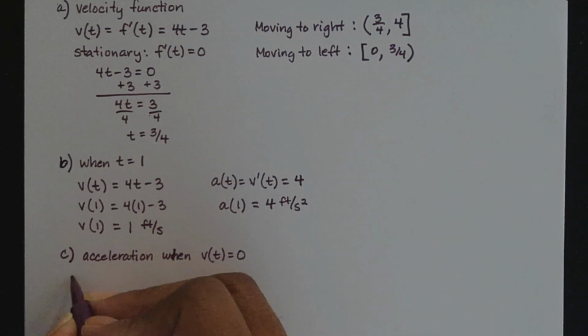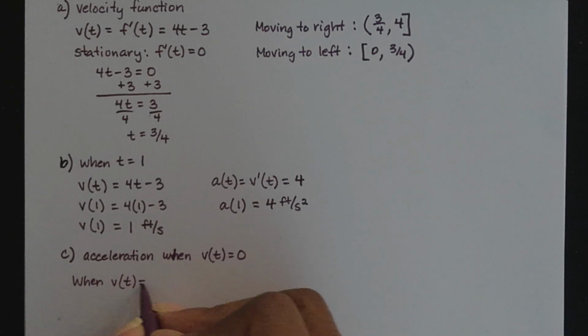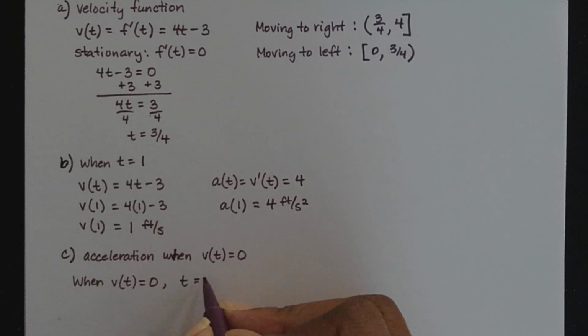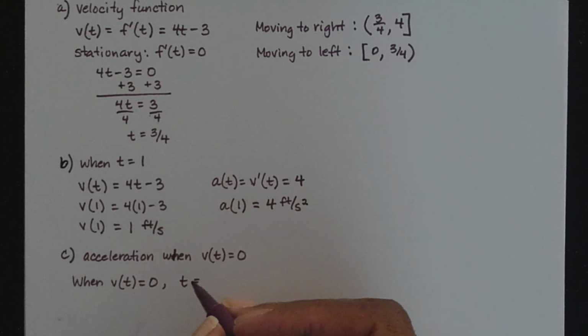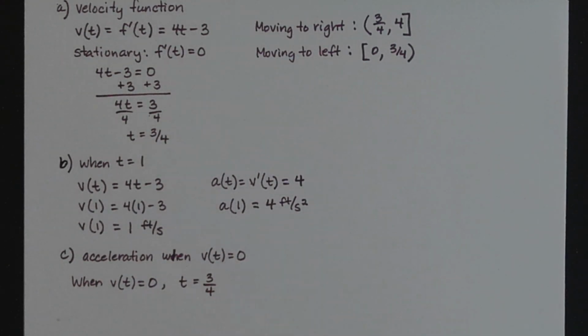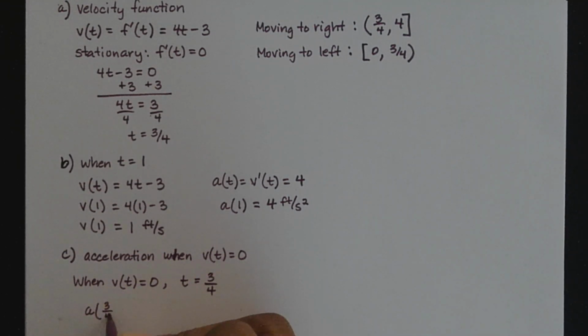So when v of t is equal to 0, the time is 3/4. Where'd I get 4/3 from in my notes? But it's 3/4. All right, so they want the acceleration a of 3/4, at time equals 3/4.